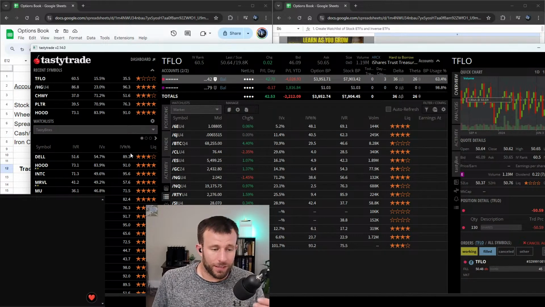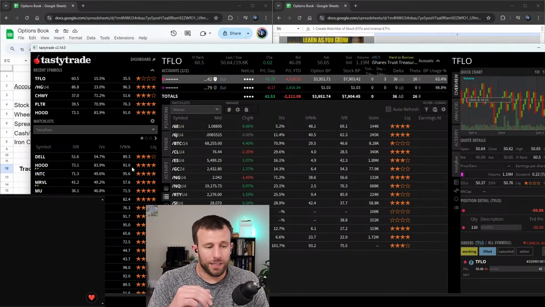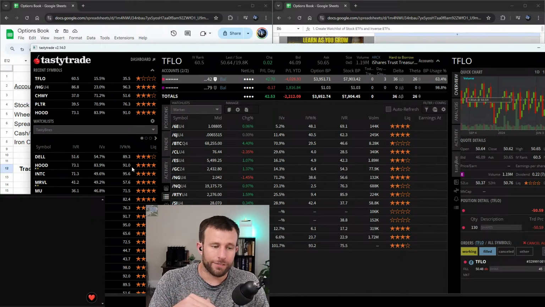And then you have the IVP, which has 2% here. That gives you basically a gauge of where it is on a percentile basis on its implied volatility. So if it has a high IVP percentage, like we're seeing 91 on Hood.